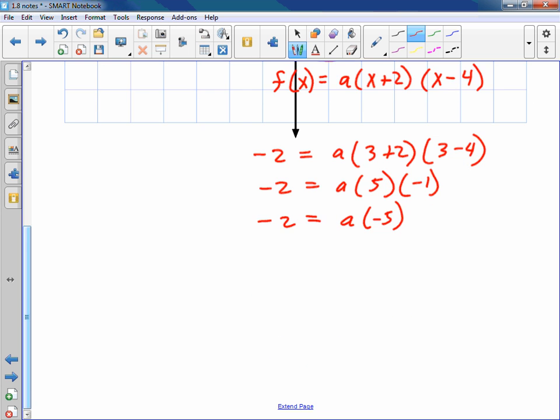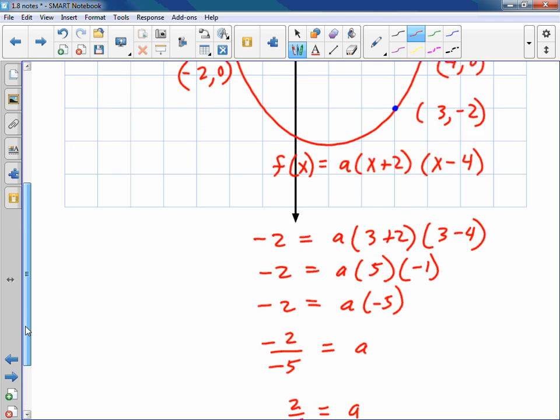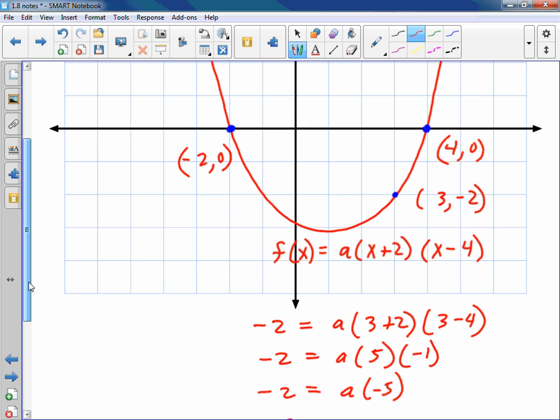And we would want to solve for that. So I can say -2 over -5 equals a, dividing both sides by -5. So then I can say positive 2/5 equals a. I'm going to remember that.